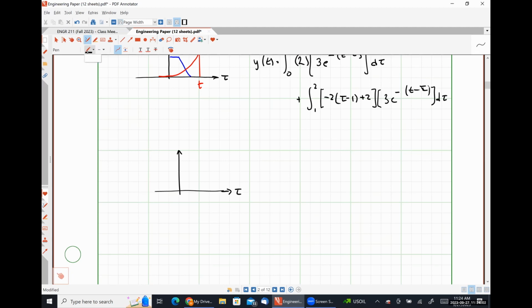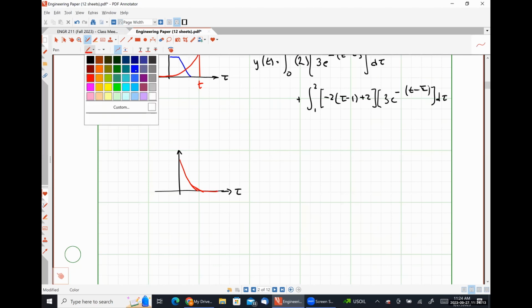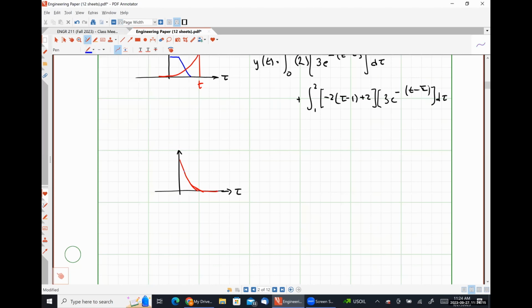So here's tau. Here's our this guy. And then let's just say for the sake of argument that this is the interval that we're looking at.